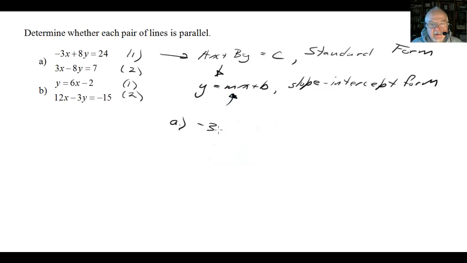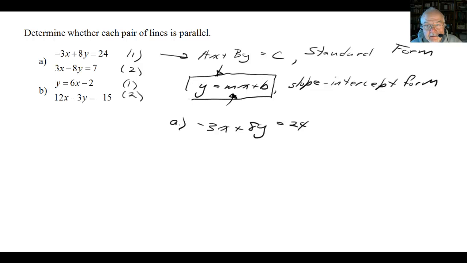A is minus 3x plus 8y equals 24. We want it to look like that.